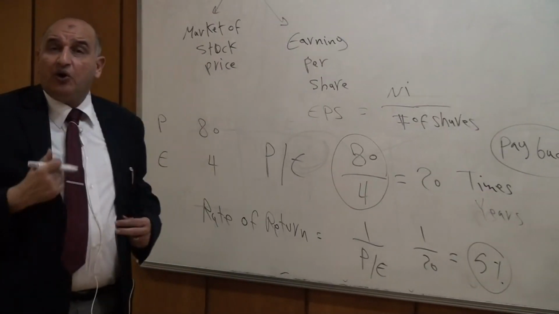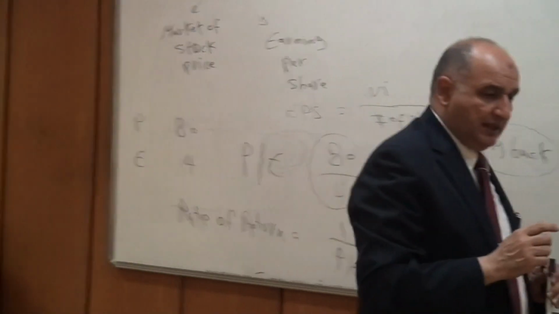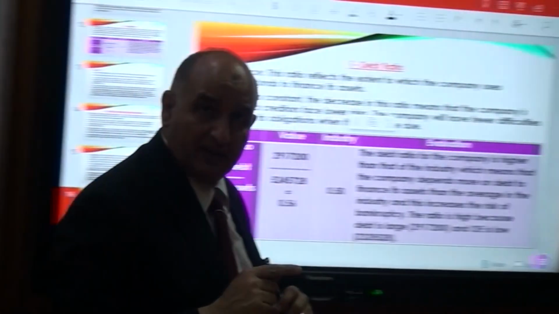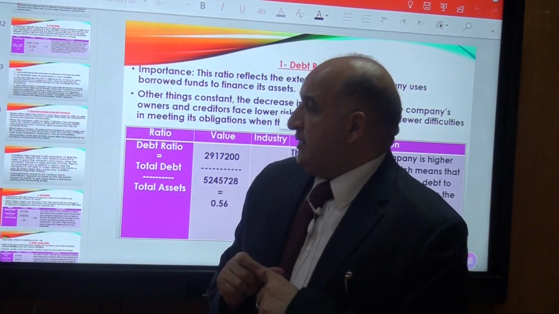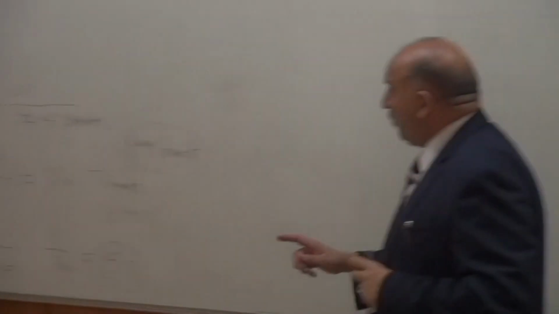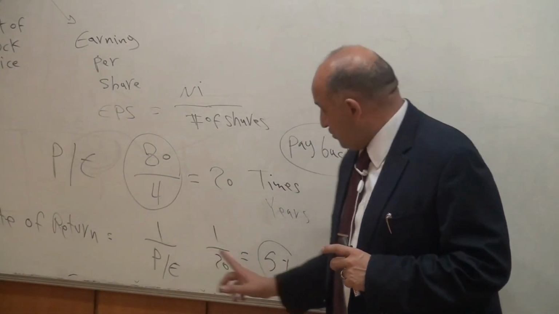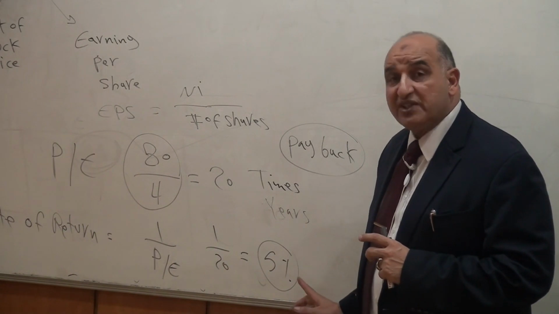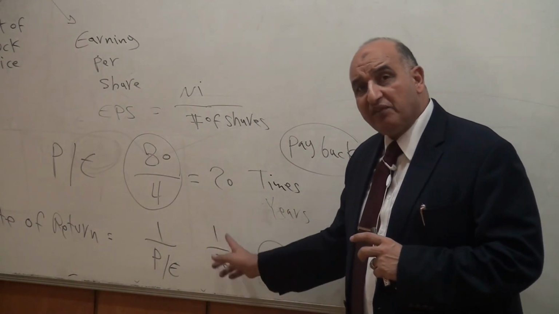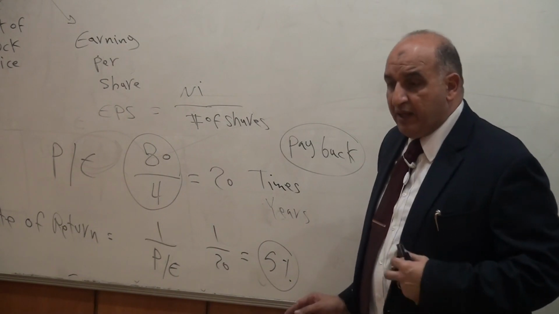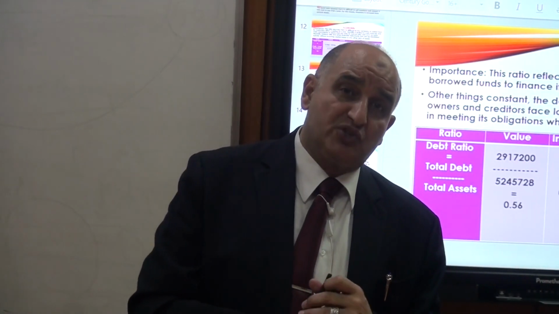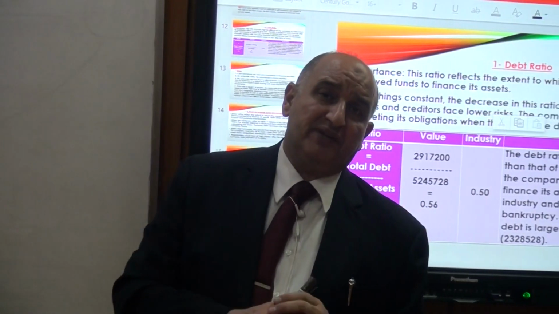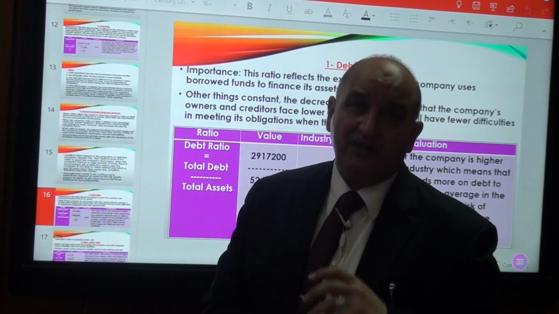So it is very important before you buy a stock to know what the PE for this stock is. And by knowing the PE of the stock, you can calculate the rate of return of the stock by taking 1 divided by the PE. My question, can we calculate the PE for the whole Egyptian stock market? As you may remember, how many companies are listed in the Egyptian stock market?